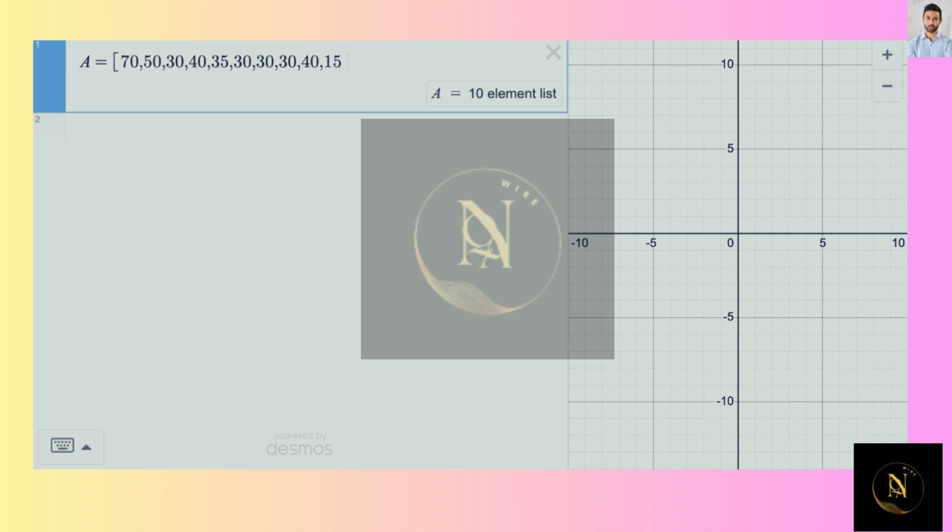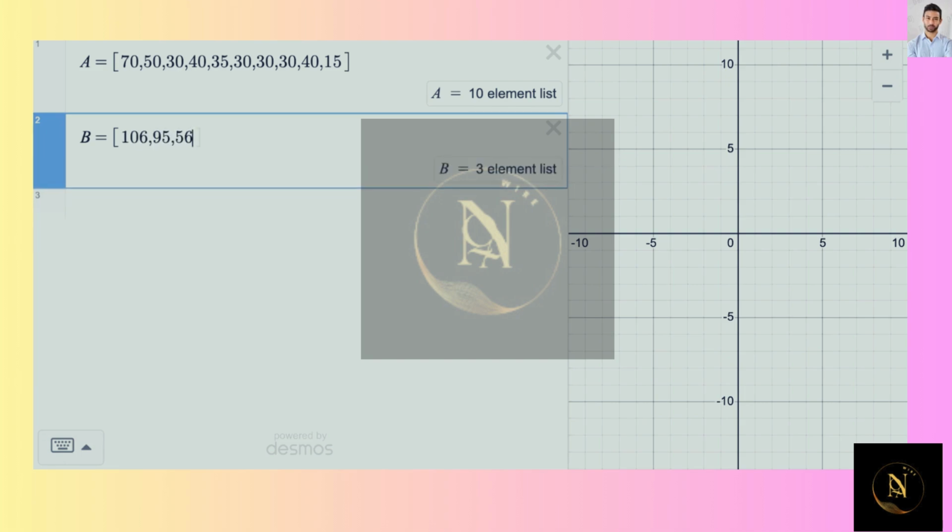And the fastest recorded speeds of various birds in flight, I'm going to call B, is 106, 95, 56, 65, 37, 50, 31, 53, 25, 25, and 25.